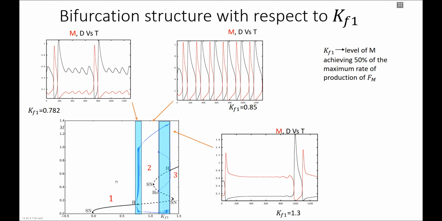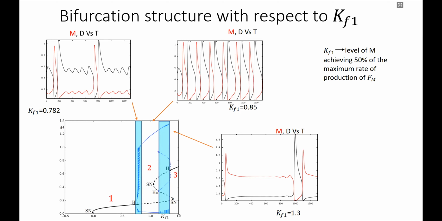So region 1 corresponds to depression. If we increase the values of Kf1, we have a Hopf bifurcation here that gives rise to limit cycles. And our system, as you can see from the time series, is in an oscillatory regime between mania and depression. So region 2 corresponds to bipolar disorder.